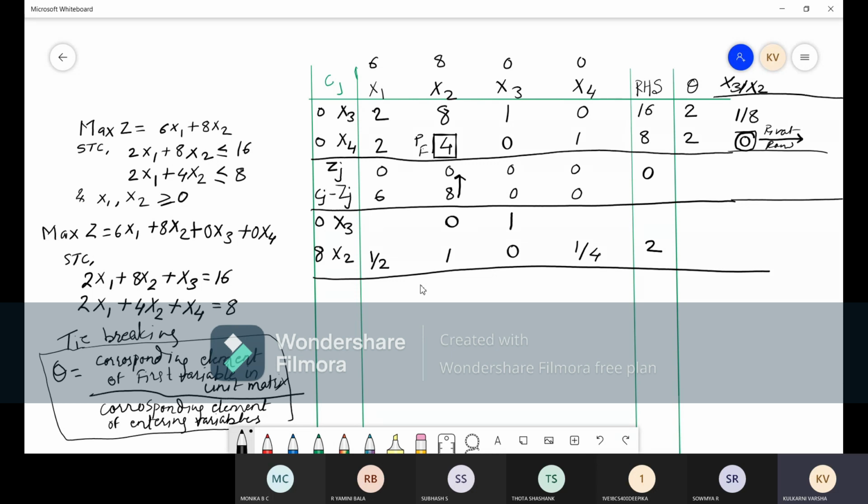We should get this identity matrix, so we should get this value. So concentrate on this 0. Take this value 1 and take old x3. In old x3 it is 8. So here 8, here 1. We want 0 over here. So if you multiply this 1 by 8 and subtract that 8 from this 8, we'll get 0. Right?